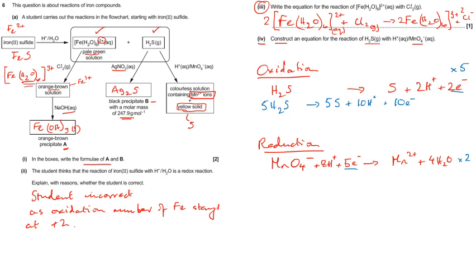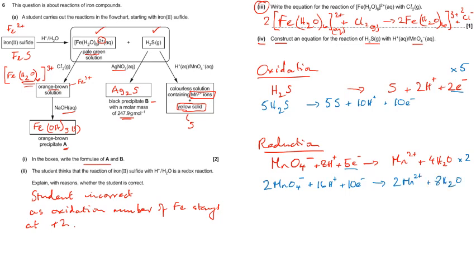That's the multiplied up version. And when we multiply our reduction equation by 2, we're going to have 2 manganate ions, 16 hydrogen ions, 10 electrons, and on the right 2 manganese 2+ ions, and 8 waters.